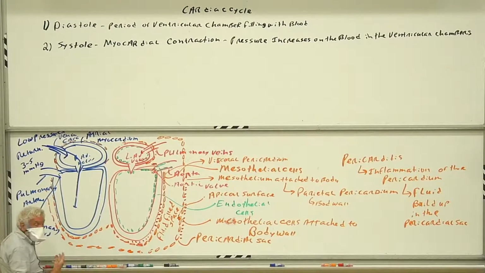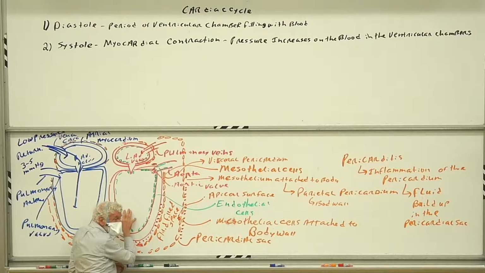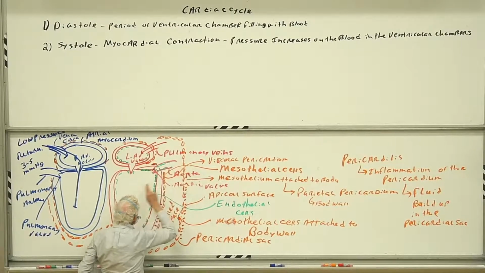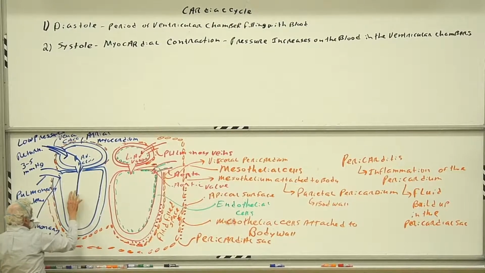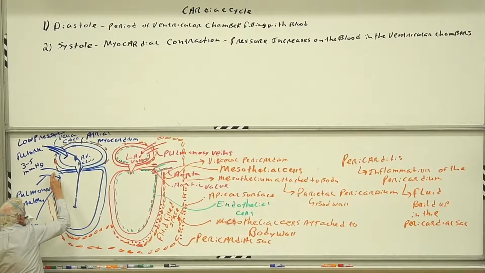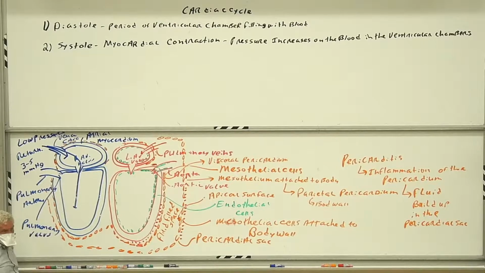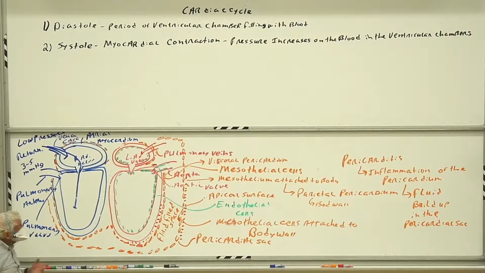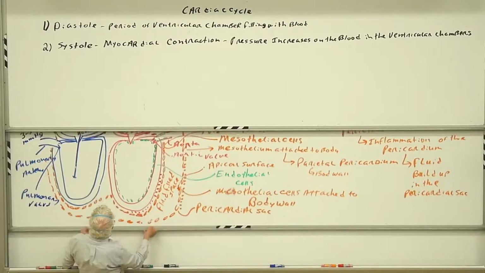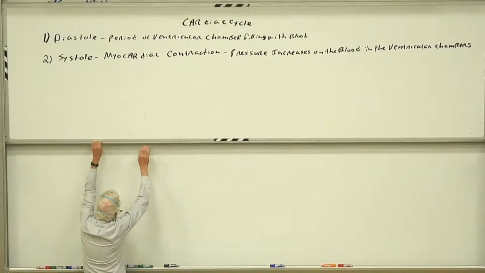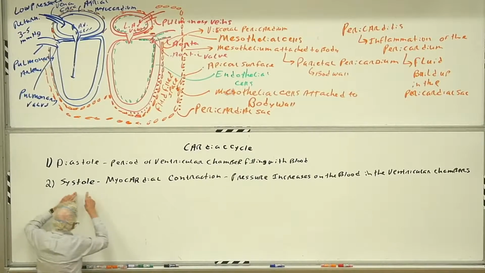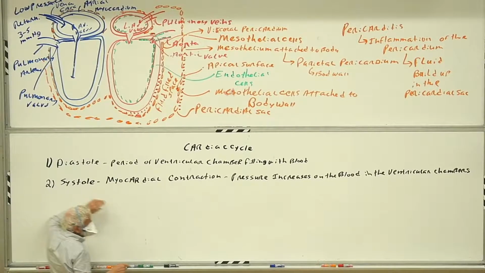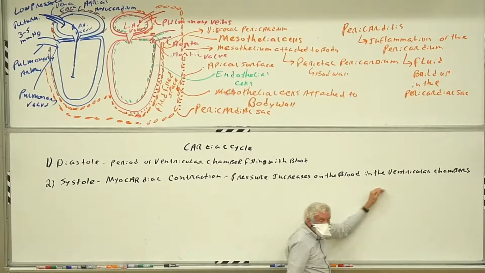But we have to think about how we're going to propel this blood on the left side out of the chamber into the aorta and to the systemic vasculature, and on the right side out of the chamber into the pulmonary artery and through the pulmonary vasculature. How are we going to manage to move that blood? The movement of the blood occurs here with systole. The force that's generated to move the blood is the force generated by the shortening of the sarcomeres during muscular contraction.